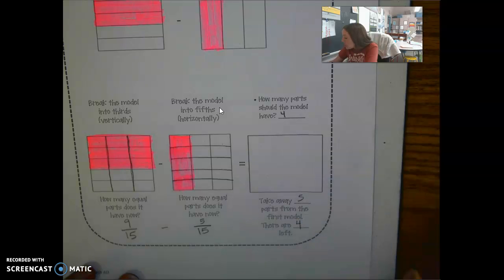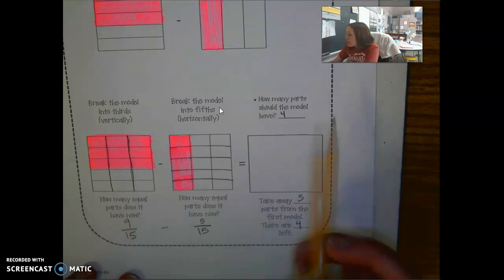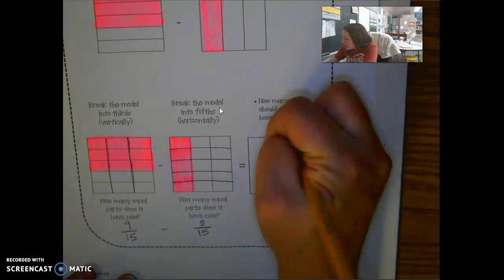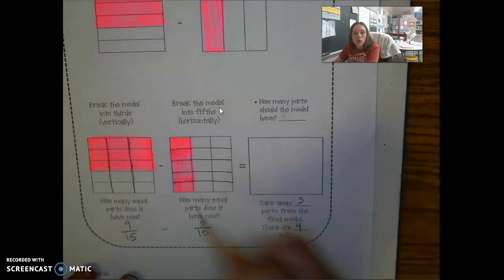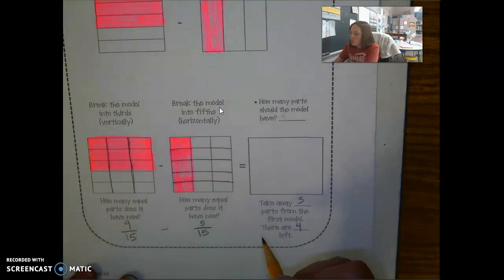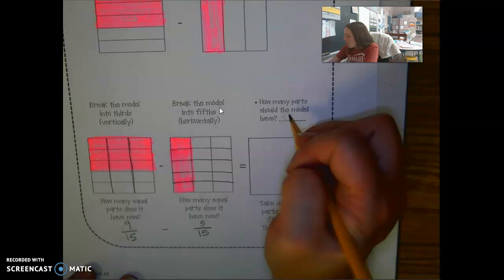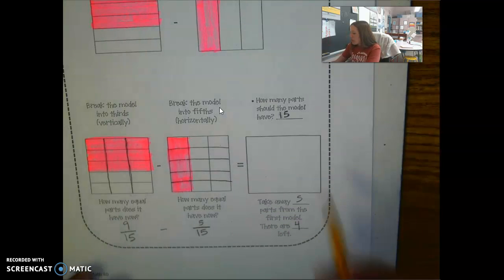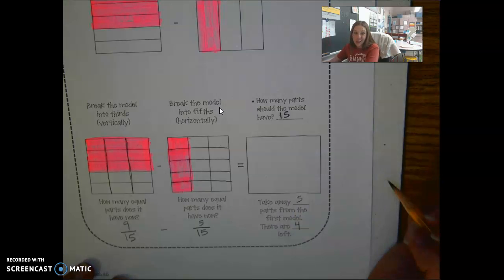I'm sorry, I really do know how to subtract. I'm just realizing that up here I should have said how many total equal parts they have. Well, we know that after we broke it down, there are 15 total parts. I apologize. So let's make our model. Maybe I should have done that before answering the questions.